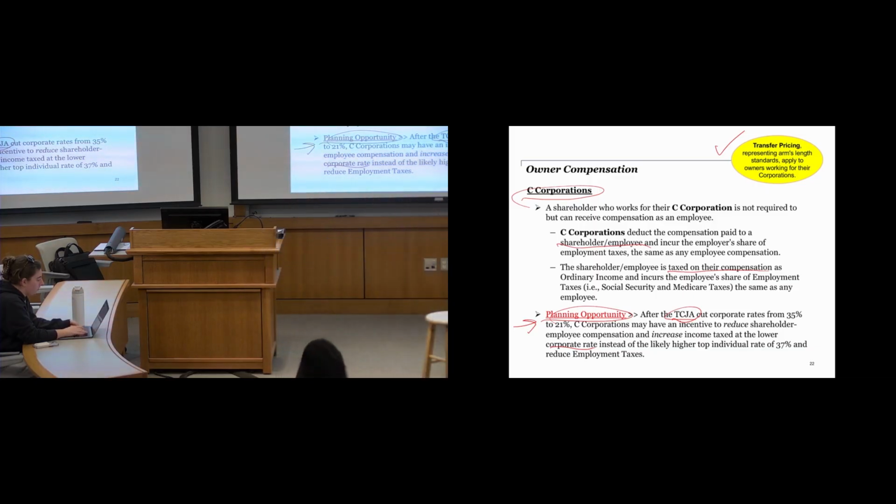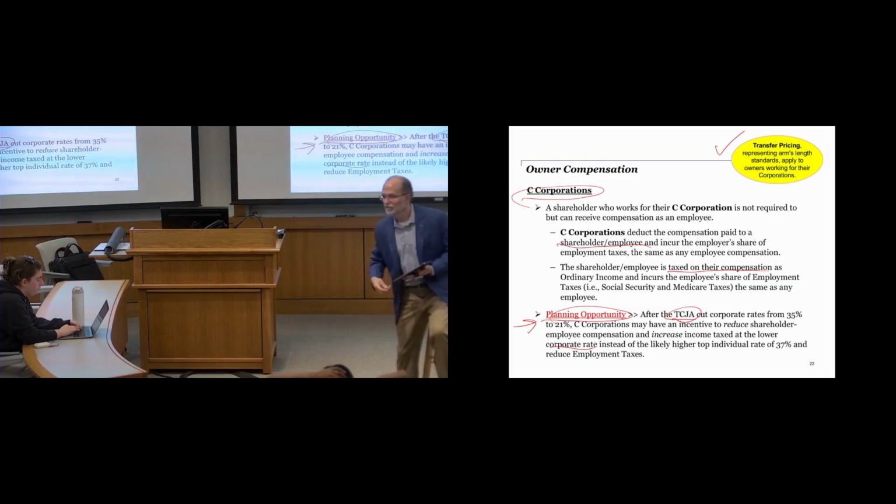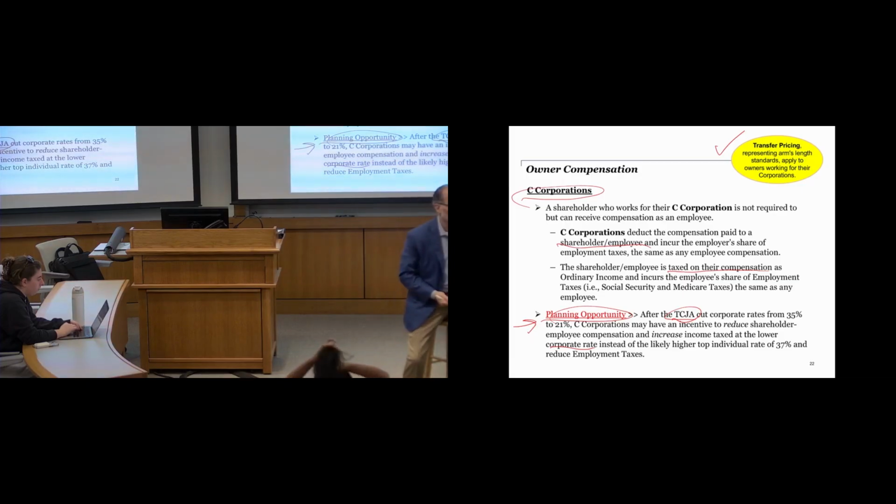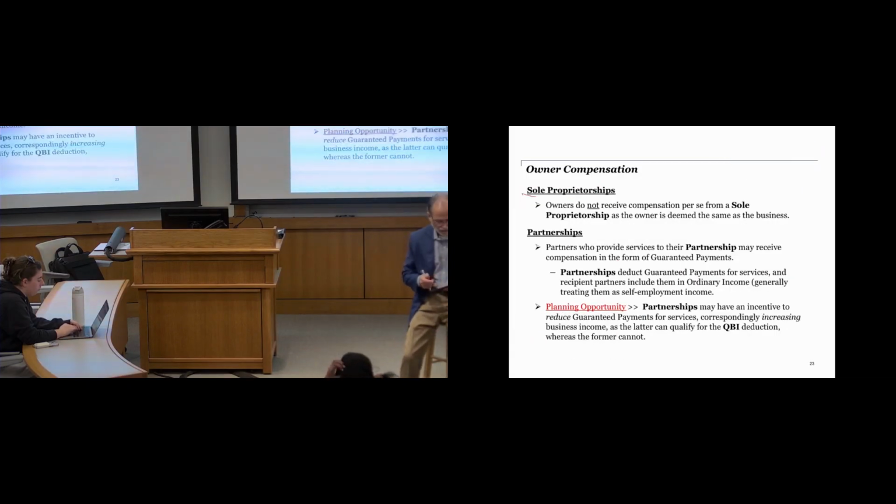That doesn't work if they are performing services that entitle them to compensation. Okay, that's the role of transfer pricing. So there might be an incentive, but you can't let that dictate the result. You have to still compensate at arm's length. Okay? So let's think about that in terms of sole proprietorships and how you compensate the employee.